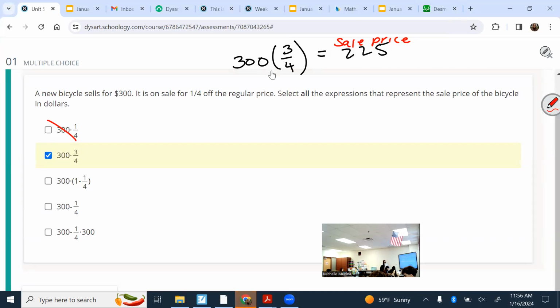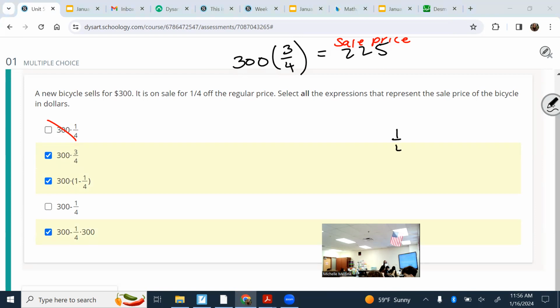Would this one that my mouse is on give me the sale price? Yes, because 1 minus 1/4 is 3/4. So that should still give me the sale price of 225. Does 300 minus 1/4 give me the answer? Definitely not. What about this one? Yes, because that's like the longer way that I used to do my math in the store.